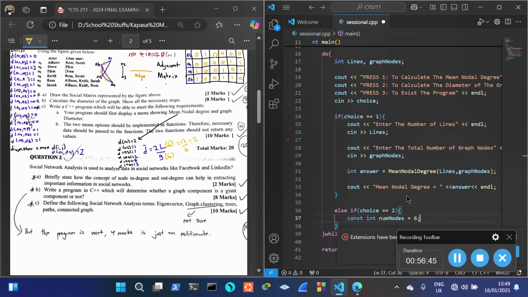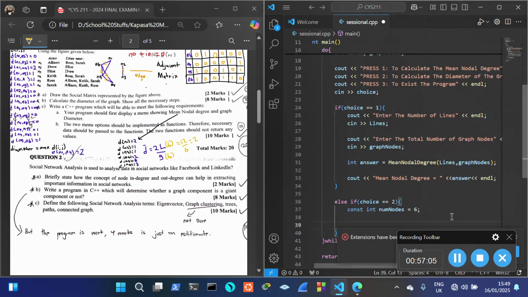Since we have the number of nodes equal to 6, we need now to pass these values into an array. We understand that you're talking about a geodesic distance, but we have their relations first to the distances and their values. So for us to do that, we're going to come up with a string.